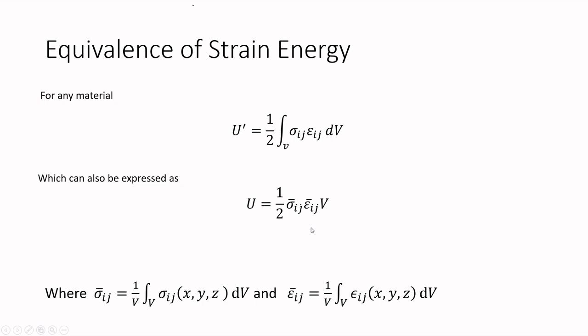I am going to make a short separate video for this where I'll prove that U prime is equal to U. For this time, let's take it as a fact that I can use this expression to compute the strain energy, where sigma bar ij is the summation of sigma ij at each and every point divided by volume, and similarly epsilon bar ij is the average strain component.